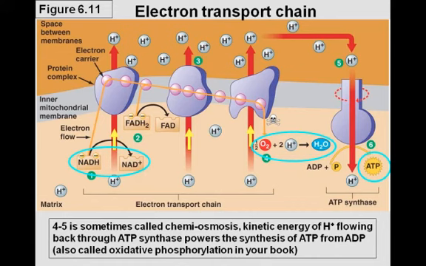So another name for the electron transport chain is oxidative phosphorylation. It's phosphorylation because we're using the energy of electrons to put phosphate groups onto ADP to make ATP. We're using electrons in order to pump hydrogens across the membrane, and our ultimate electron acceptor is the oxygen here.